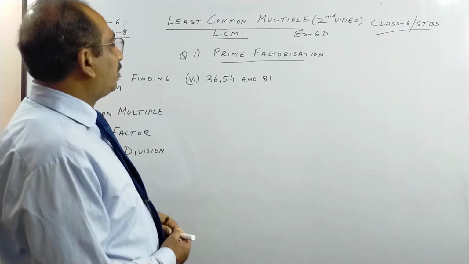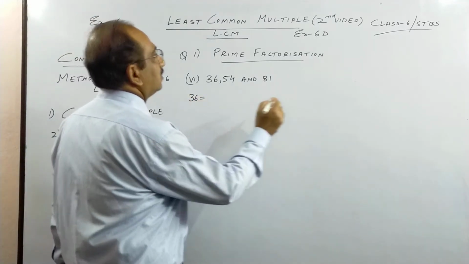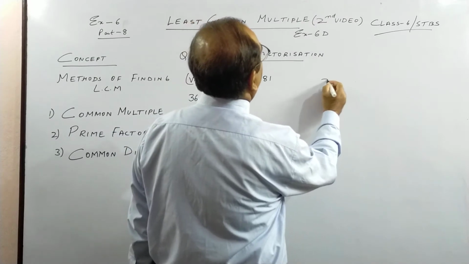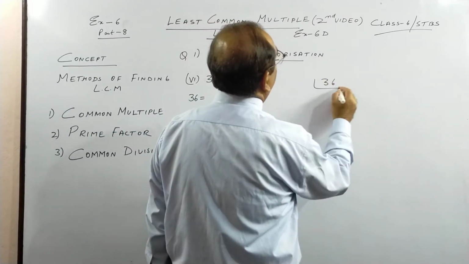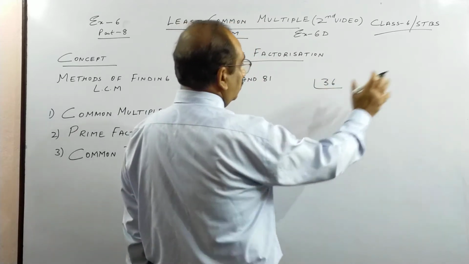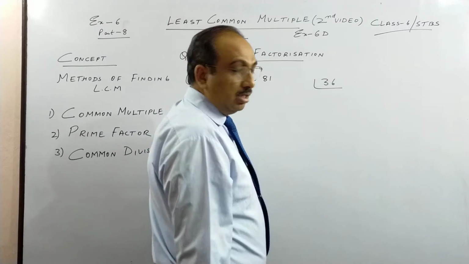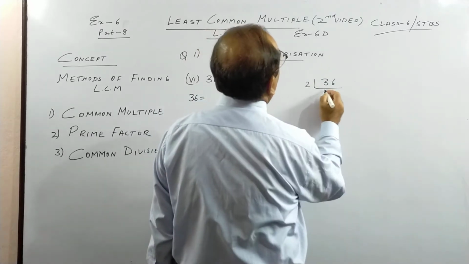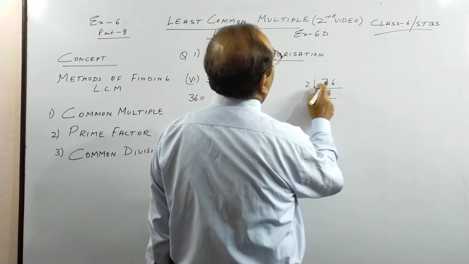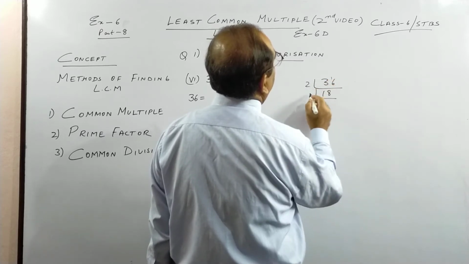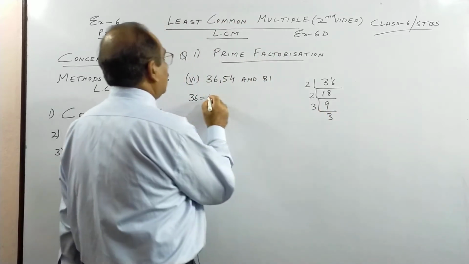So, prime factorization method. Let us take 36 here. I am doing all this not as rough work, this is a part of your answer, so don't go to rough work on the right or at the bottom. With 2, 2 1s are 2, 1 will be there, 2 8s are 16. So generally children, it gets halved.